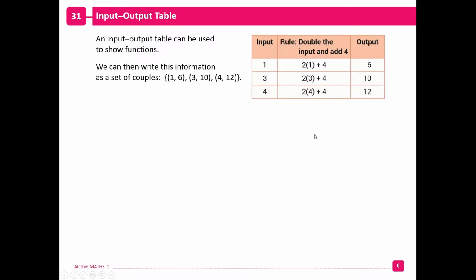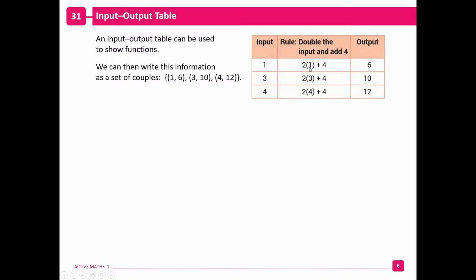There are 3 columns. The first is for the inputs, and we will list each of our inputs underneath the heading Input. The next column is for the rule, where we perform the calculation of the function itself. For example, in this function, the rule is to double and add 4. So you can see that in this column, we have the workings for each of our inputs.